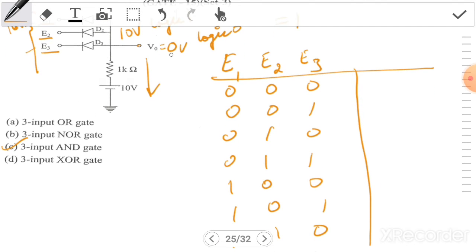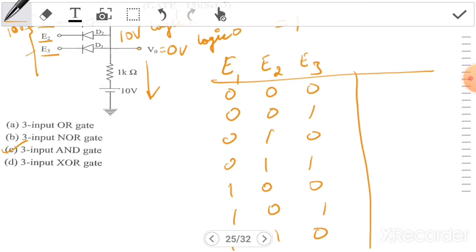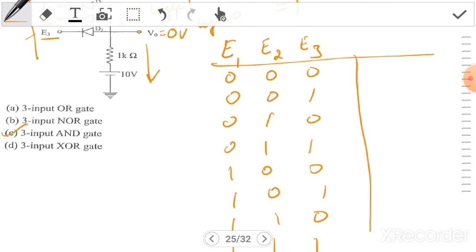When V0 is 0, either of E1, E2, E3 is 0. So output is logic 0 when 0 0 0 0.